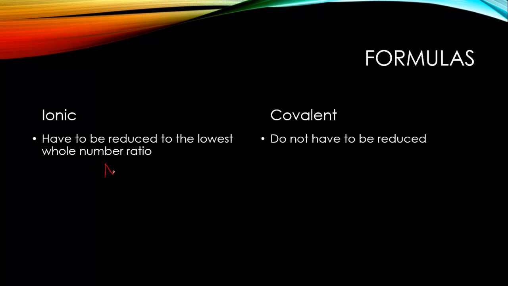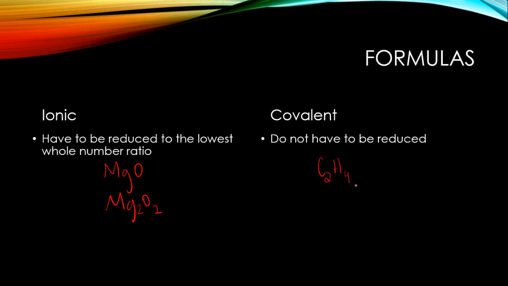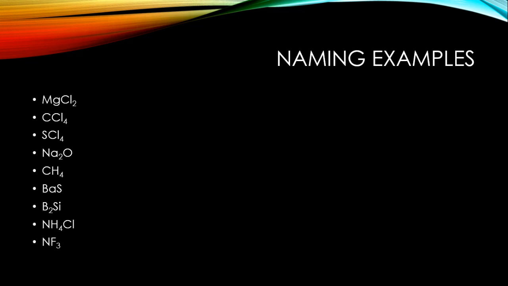So remember, if you have something like Mg and O and accidentally write MgO2, that is not correct because those can both be reduced down to 1 and 1. And remember, with covalent, you do not have to have them reduced. This is perfectly acceptable and you're not breaking any rules whatsoever.